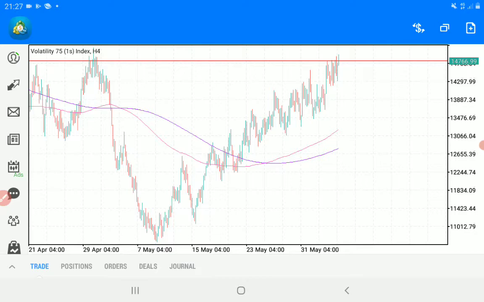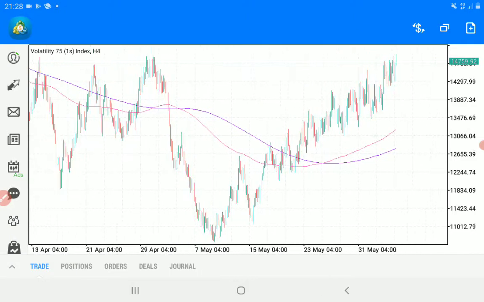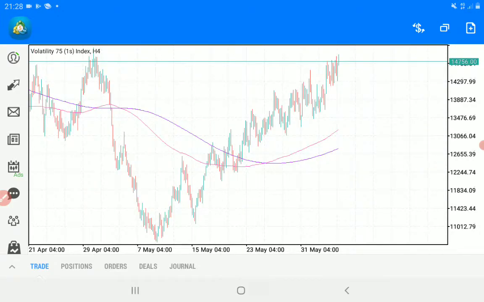If you have watched my previous videos, you should have seen the golden eggs strategy video, where I shared that I use a moving average 300 and a moving average 100 to tell me whether it's a downtrend or an uptrend. For example, here you can see that the price is above the two moving averages. The moment the price is above them, that means it's an uptrend, and the moment the price is below the moving averages, it's a downtrend.